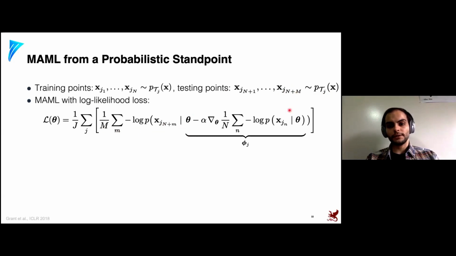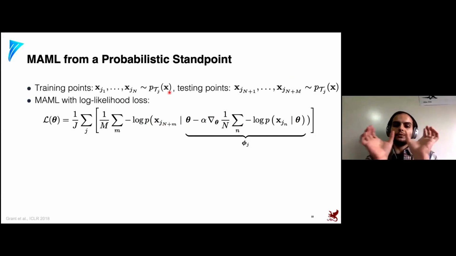And then this is the inner loss. So basically, this is the adaptation rule. So we compute the conditional distribution of these testing points from the testing set, given the parameters phi_j, which are the adapted parameters: the initialization plus the gradient step, again on the same loss, and the gradient step is computed on the training points.